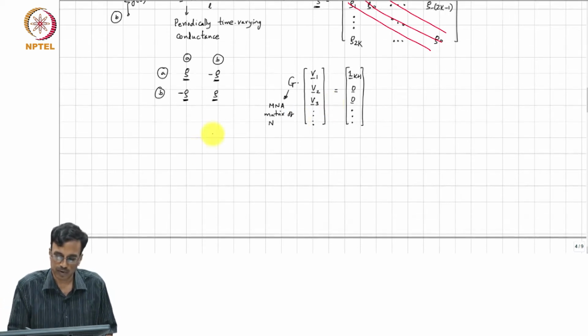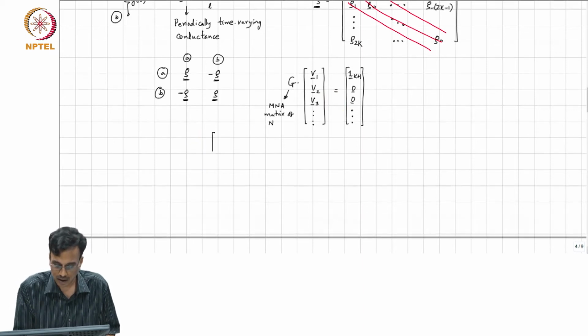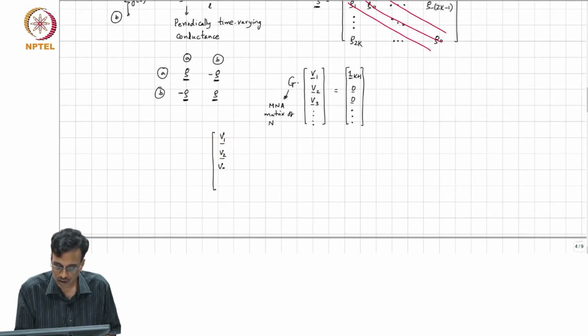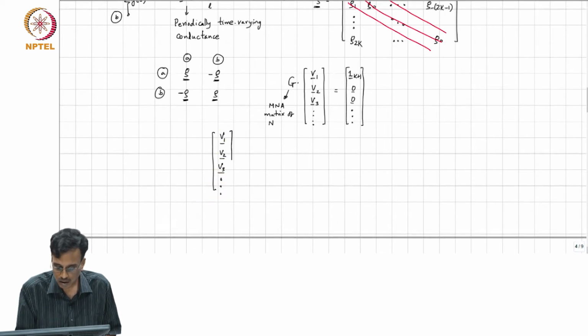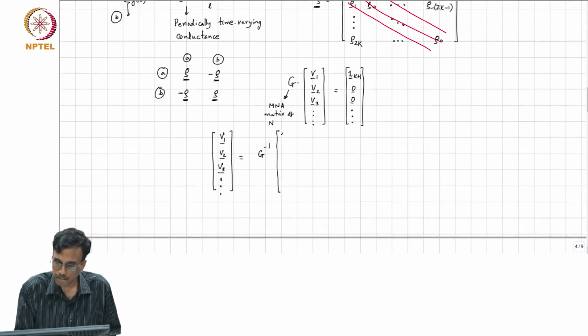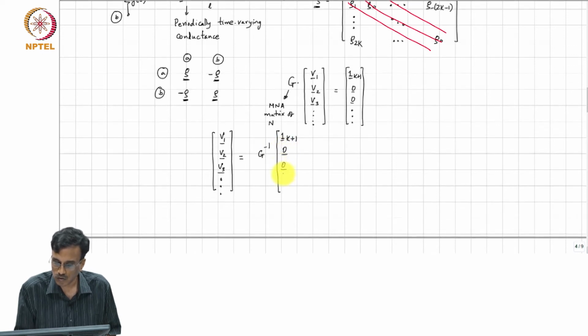As we did with the time invariant case, we will first write V 1, V 2, V 3, and so on, which must be G inverse times 1 capital K plus 1, 0, 0, zeros everywhere.